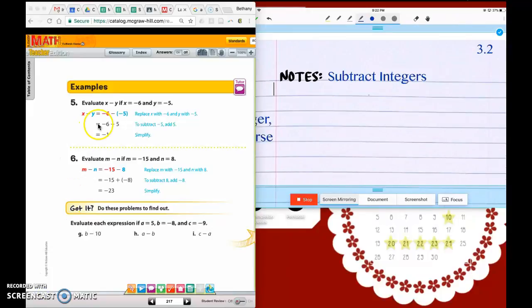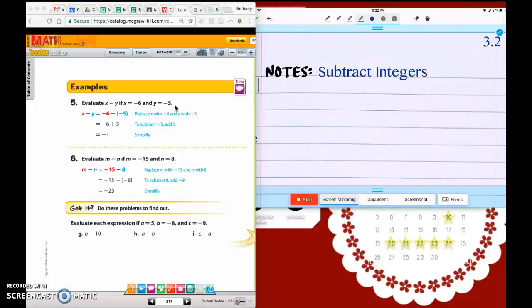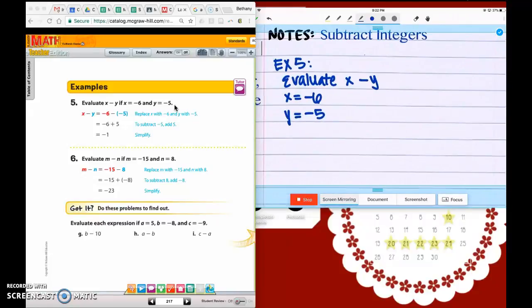Example 5 and 6, it says evaluate x minus y if x equals negative 6 and y equals negative 5. Now you guys have plugged in numbers before in 6th grade, right? So let's rewrite it. Example 5, evaluate x minus y, and we've got x equals negative 6, y equals negative 5. So let's go ahead and plug those in.